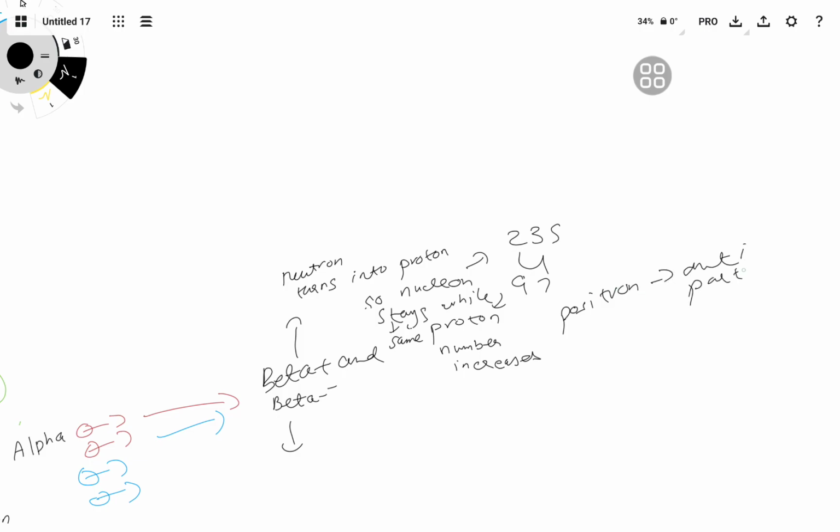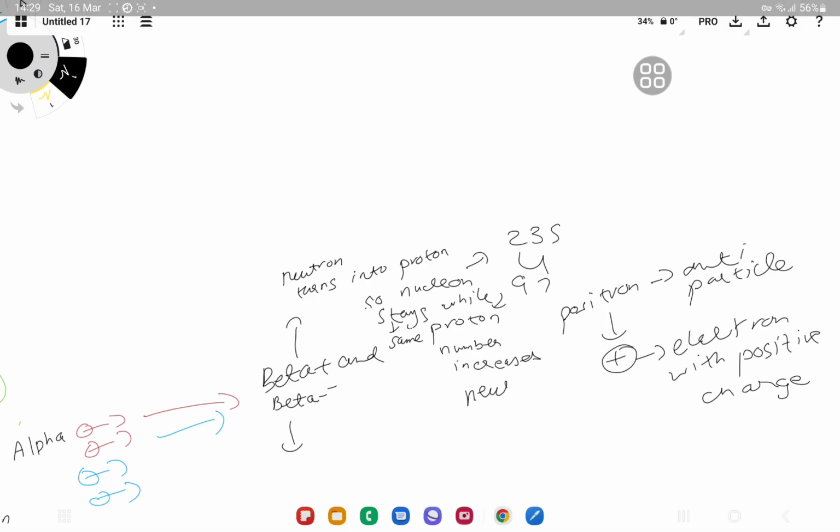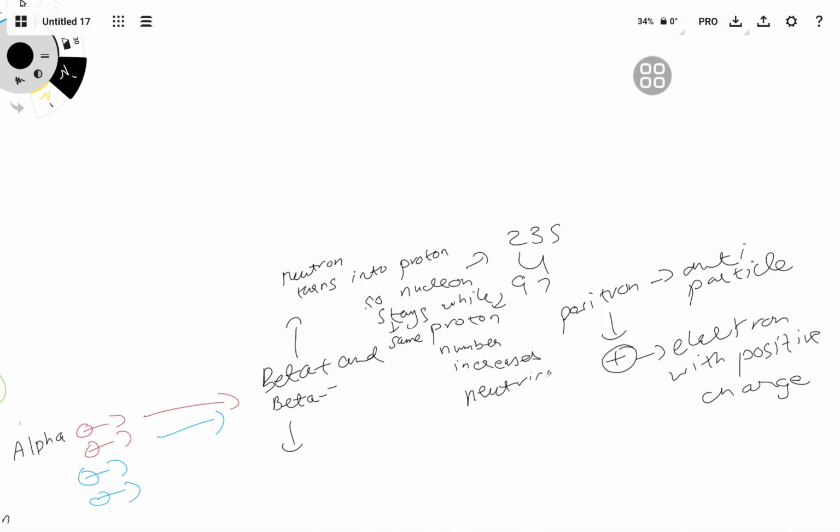An antiparticle is basically a type of electron with positive charge. Proton number increases. Positron, antiparticle, electron with positive charge. We also have a neutrino, which I do not know much about.